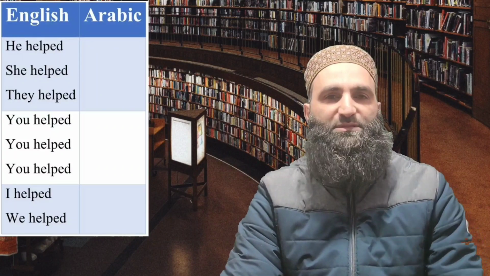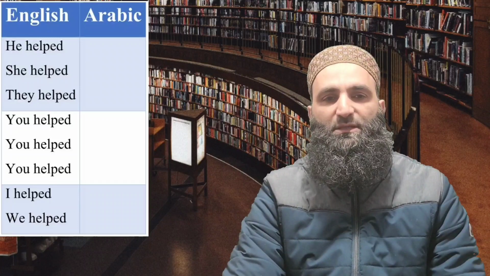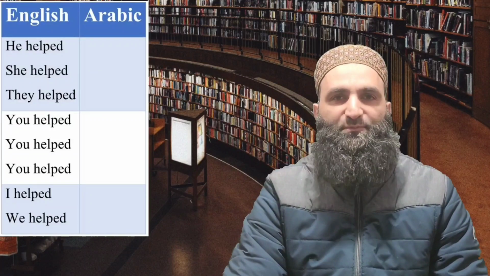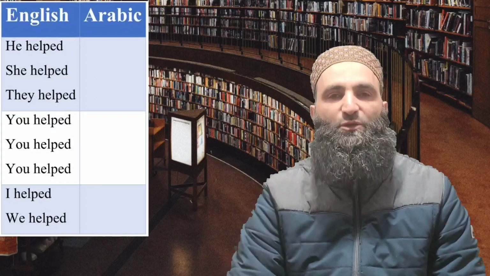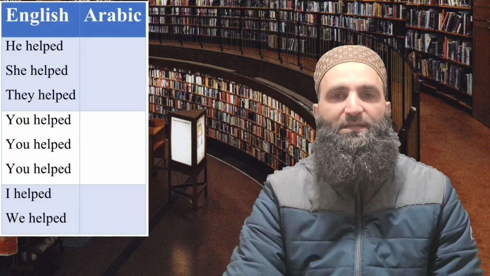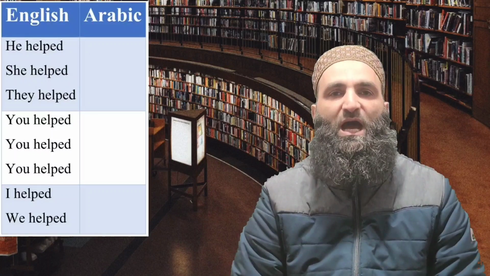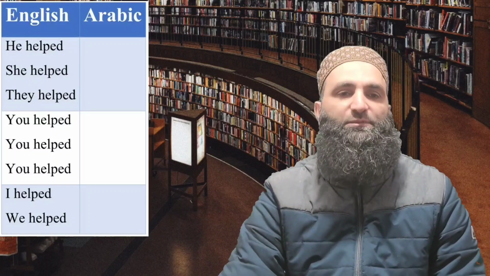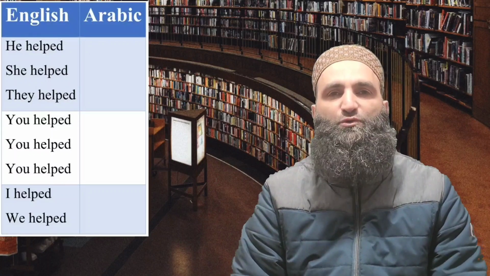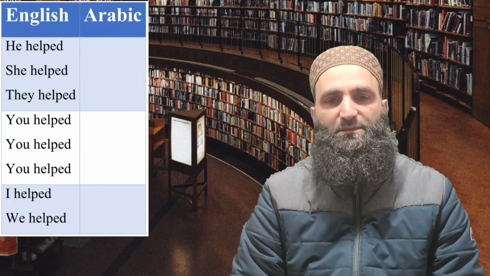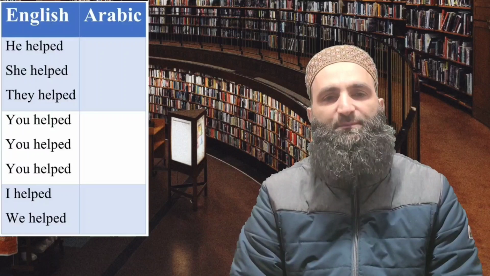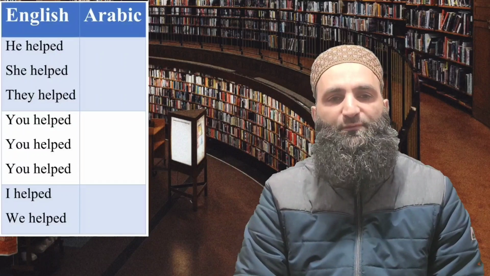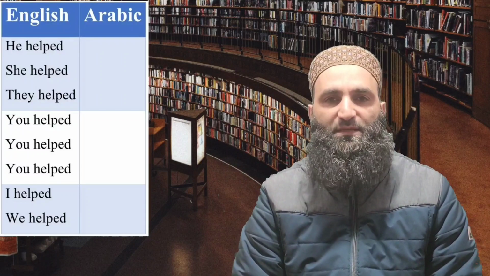For second person we say you helped, for singular, masculine, feminine, or plural. And for first person we say I helped, we helped. Here we use the verb helped with all the pronouns; whatever the subject may be, the form of the verb remains the same in the past.